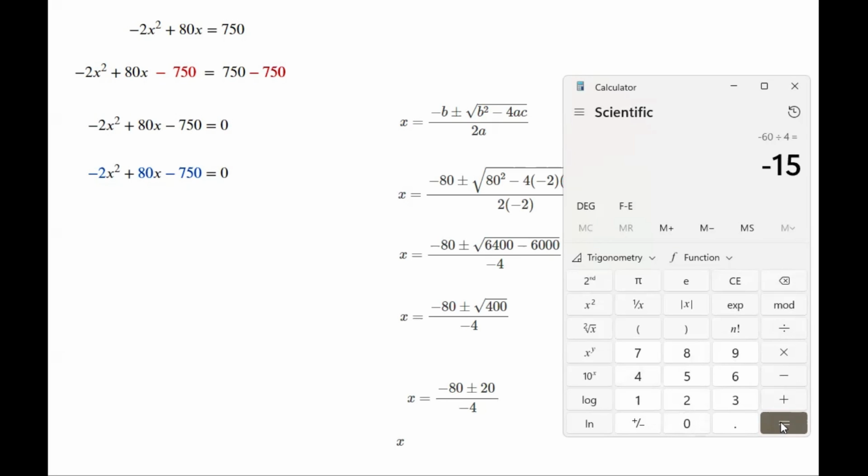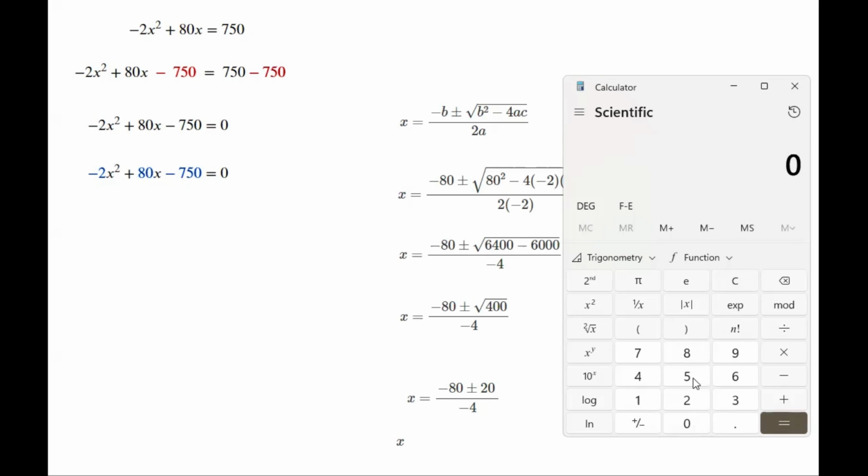Whoops, I'm sorry, I didn't divide by negative 4. Rewind. All right, negative 80 plus 20 divided by negative 4. There we go, positive 15. So positive 15 is one possible answer.